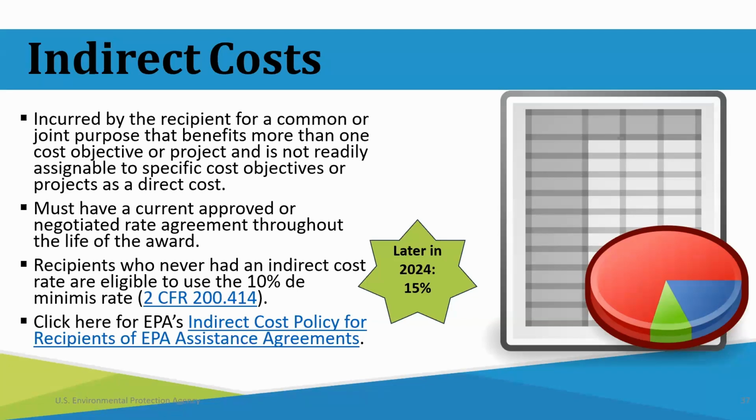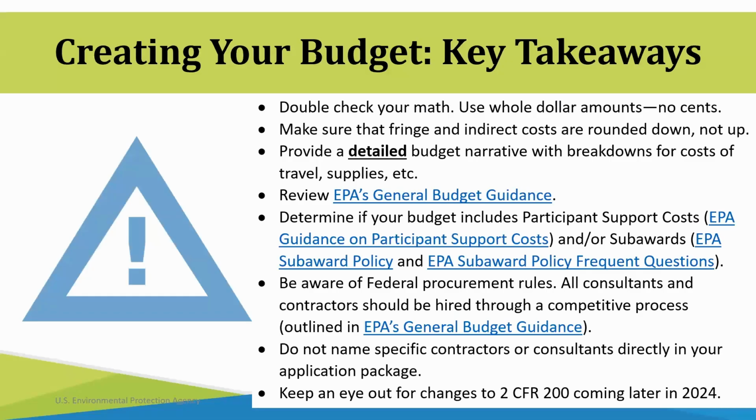And this is one of those changes I mentioned coming later in 2024. That will become 15%. And I've included a link here for EPA's indirect cost policy that is very useful if you're new to thinking about indirect costs in terms of grant applications.